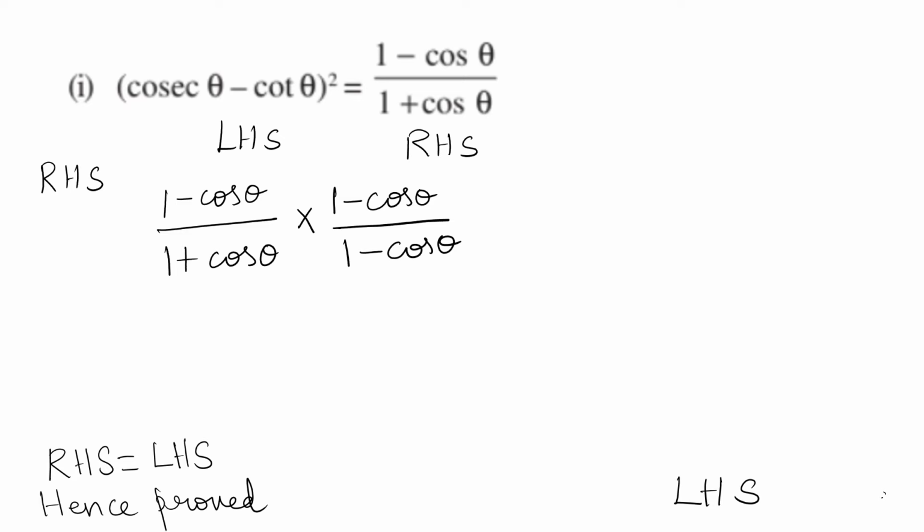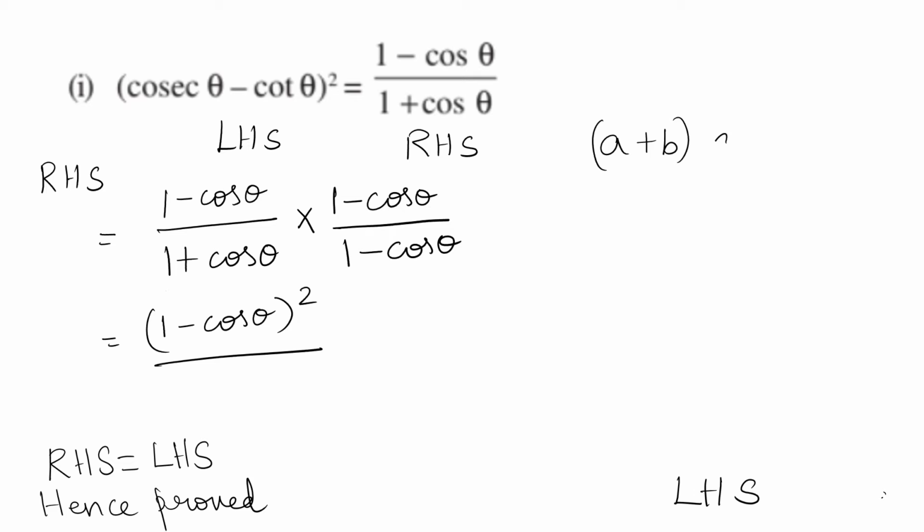So this will become (1 minus cos theta) the whole square by (1 plus cos theta) into (1 minus cos theta), which is of the form (a plus b) into (a minus b). (a plus b) into (a minus b) becomes a square minus b square.